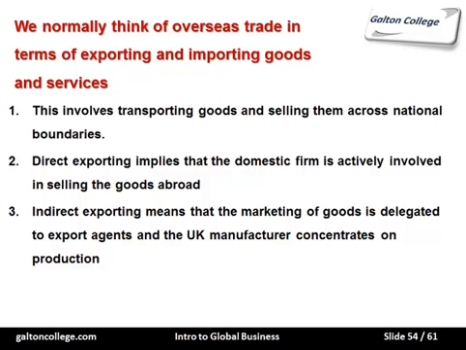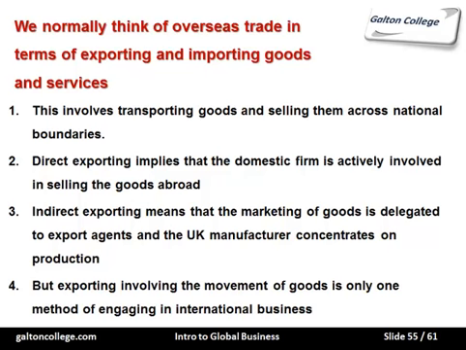We have direct exporting, that's selling the products directly overseas, or indirect exporting, where the problems are in a sense delegated to an export agent who has expert knowledge of that country and of the procedures, rules, regulations and so on, the culture, the language and so on. So the export agent undertakes selling in that country and the UK manufacturer or the domestic manufacturer concentrates on production.